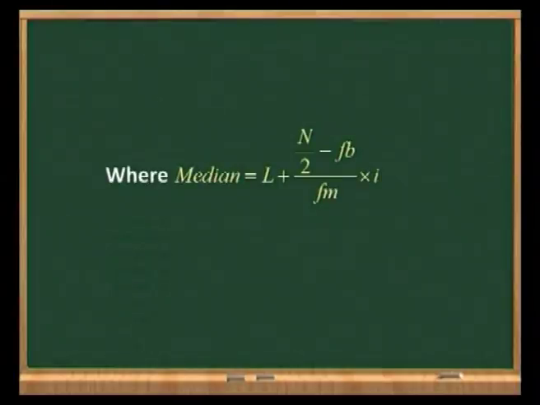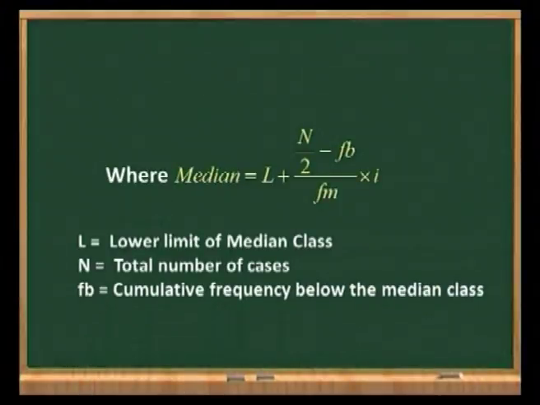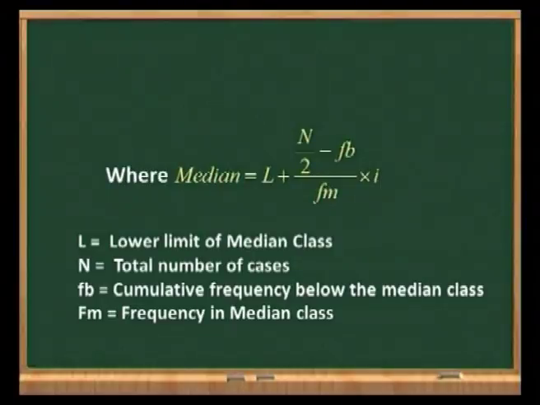Median is equal to L plus (N by 2 minus Fb) divided by Fm, into I, where L is the lower limit of the median class, N is the total number of cases, Fb is the cumulative frequency below the median class, Fm is the frequency in the median class, and I is the size of the class interval.